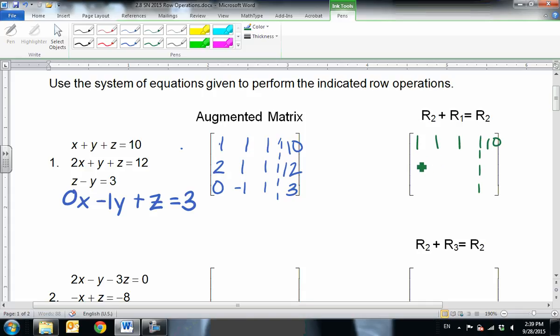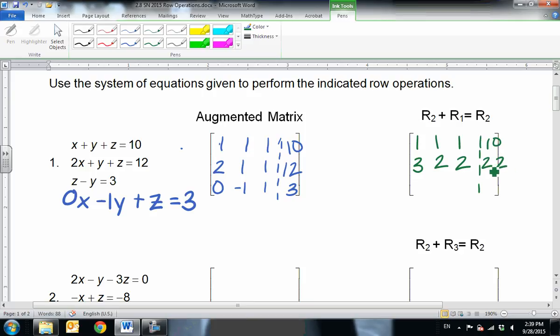The second row is going to become row 2 plus row 1. So you're going to add each element. So 2 plus 1 is 3. 1 plus 1 is 2. 1 plus 1 is 2. And 10 plus 12 is 22.